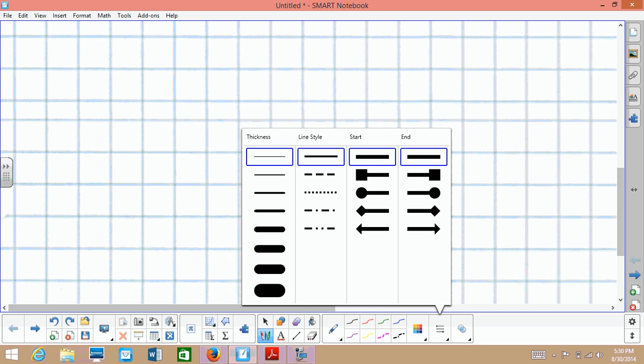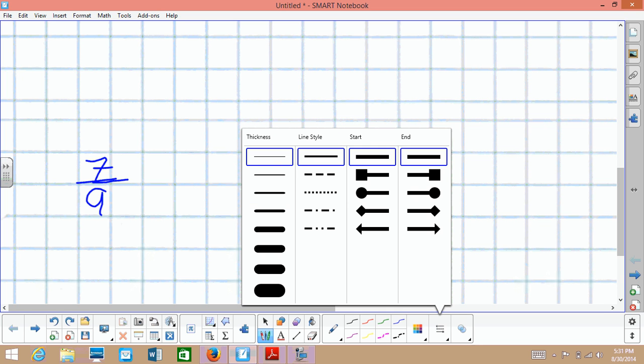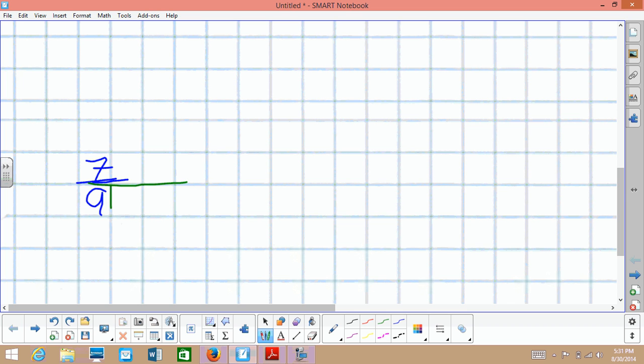So let me give you a couple of fractions and then we'll go from there. Let's say that I have 7 over 9. That is a fraction. If you remember yesterday's lesson, in order to turn that fraction into a decimal, we have to do a little something to that fraction. First of all, we have to turn it into a division.